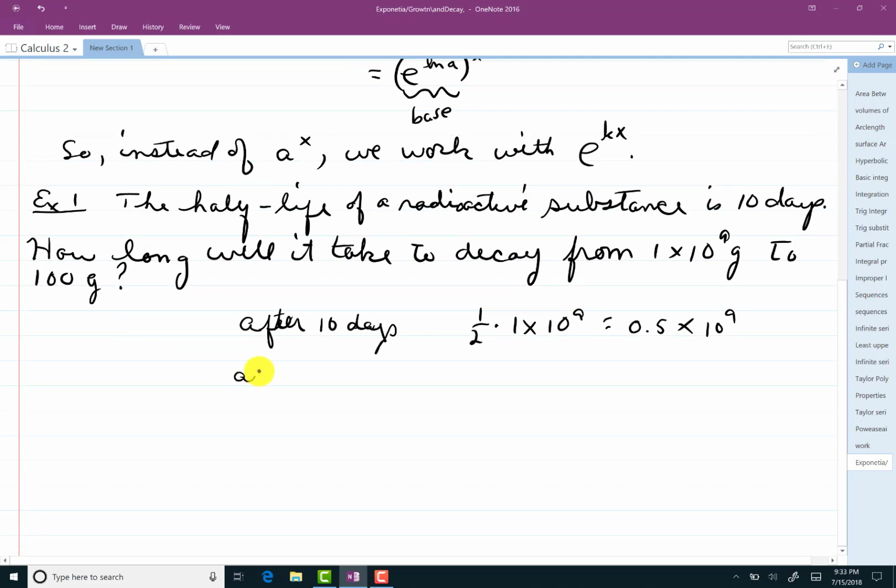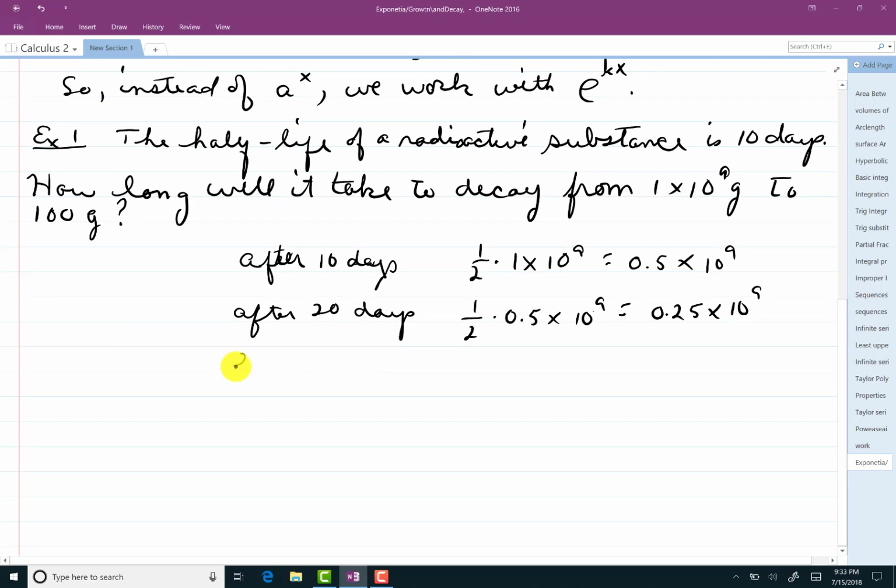And after 20 days, you'll have half of that, so 1/2 times 0.5 times 10 to the 9th, which is 0.25 times 10 to the 9th. And you can keep going. After 30 days, we have 1/2 of the 0.25 times 10 to the 9th, which equals 0.125 times 10 to the 9th.